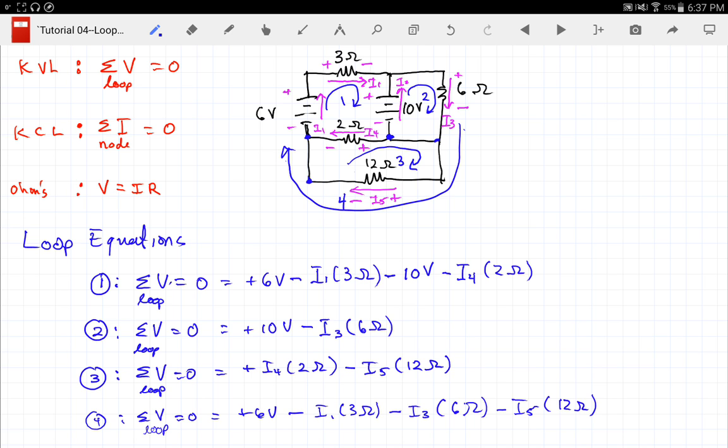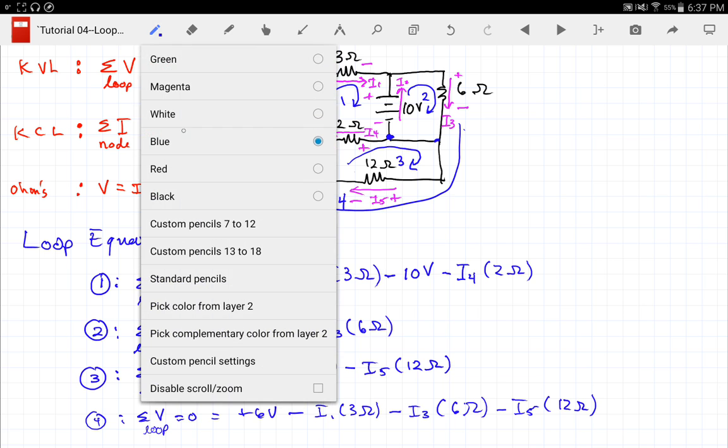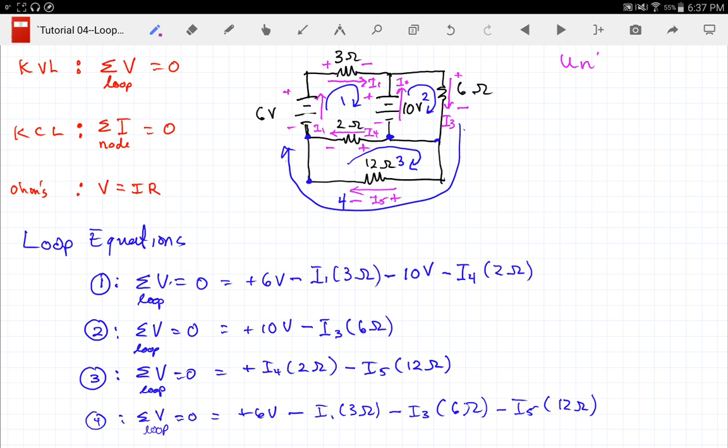Now that's 4 equations. I could have made 2 more equations. I could have made a total of 6, but I'm going to show you something here that's really important. If you look at my circuit, how many unknowns do I have? Well, they're the purple currents, so my unknowns are going to be I1, I2, I3, I4, I5.